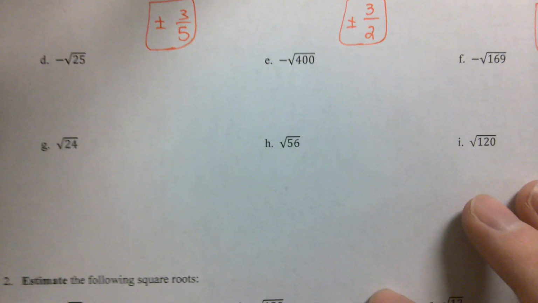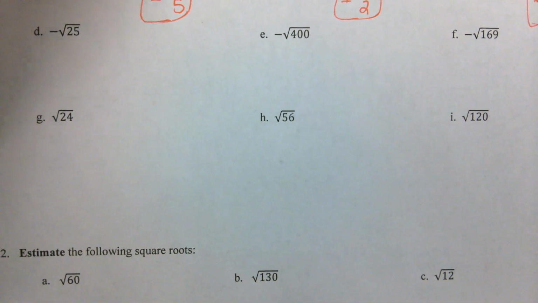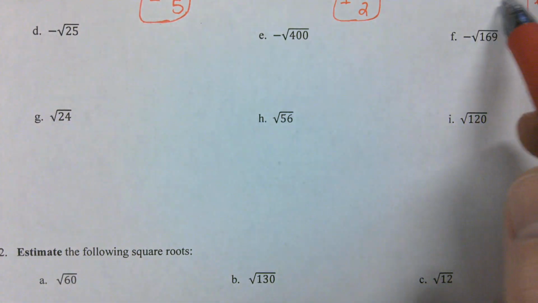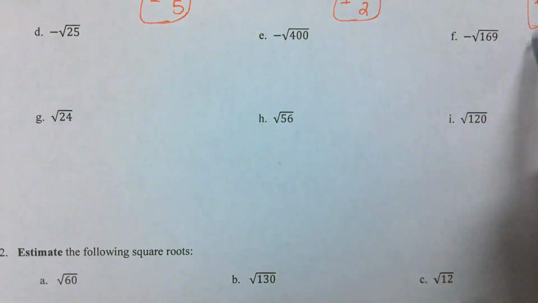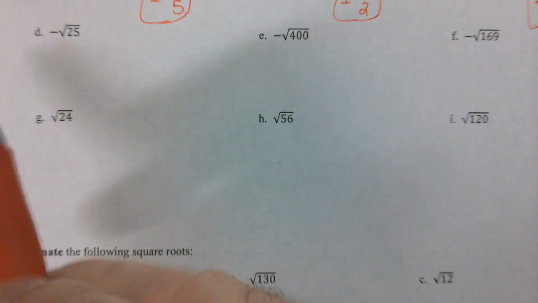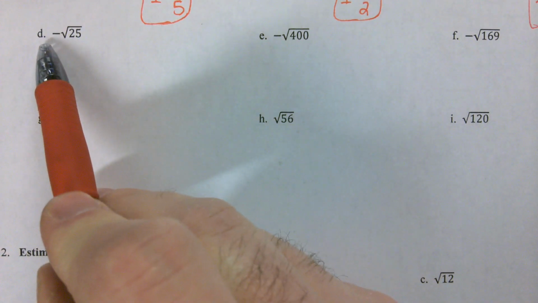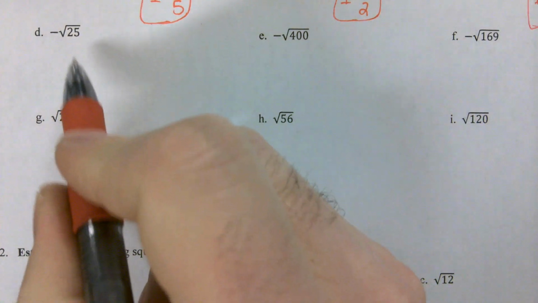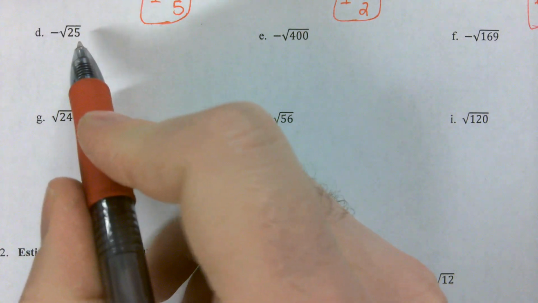Then we got the next thing that you guys said that you were struggling with, some of you, which is negative perfect squares in the square root. Now this one is even easier than the fractions, right? If I have a negative sign in front of my root 25, well, what two numbers multiply to give me 25? 5 and 5.